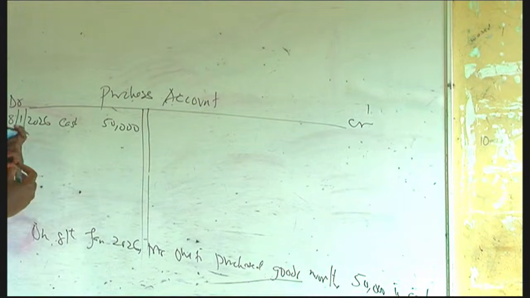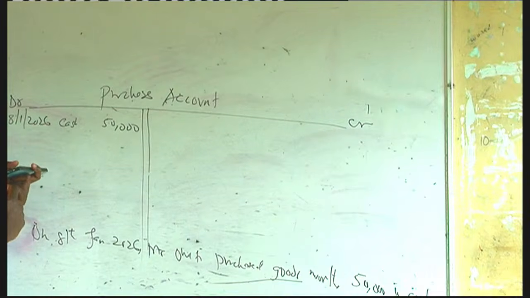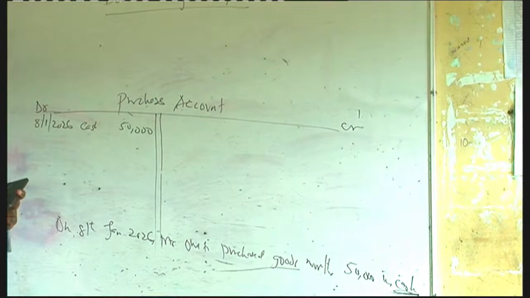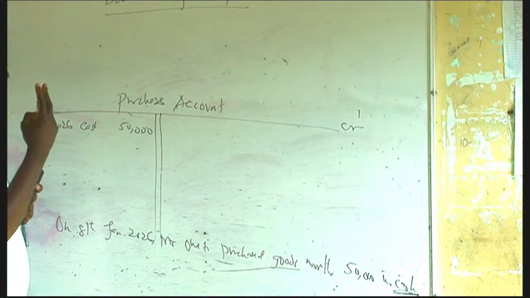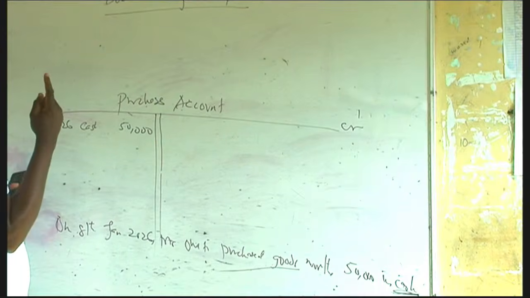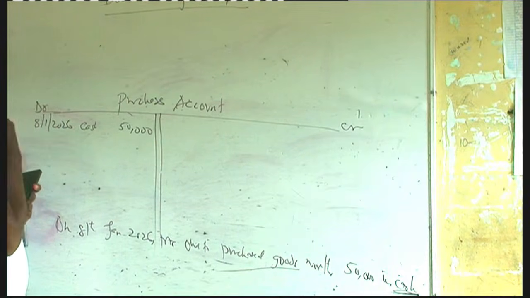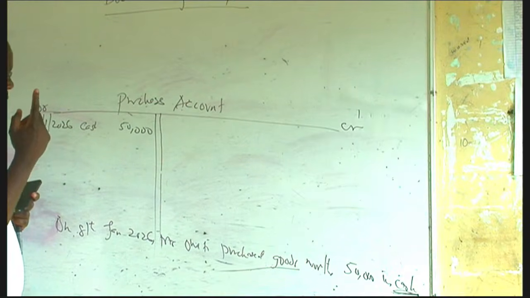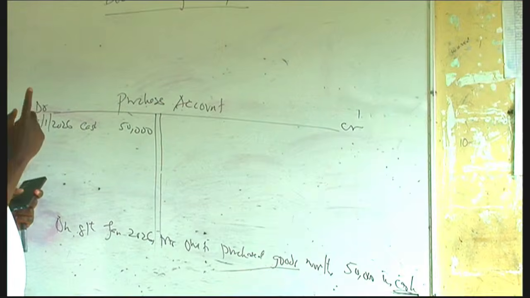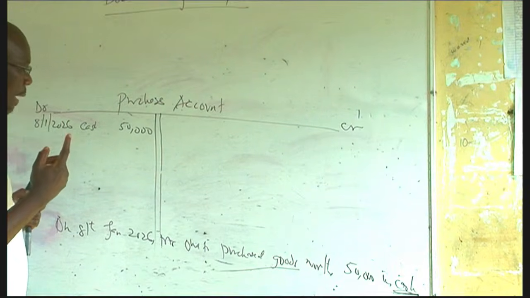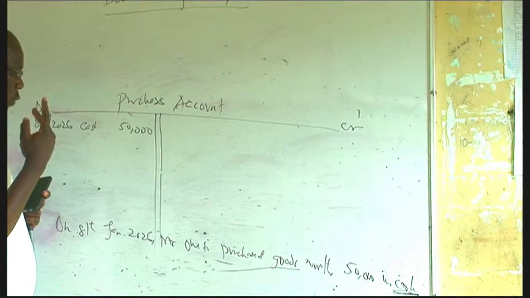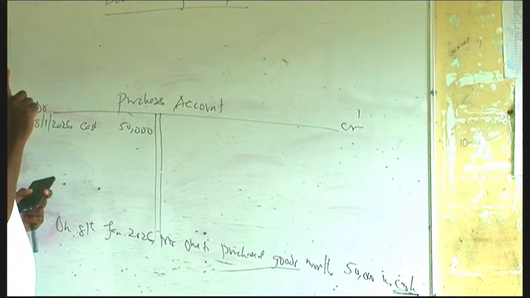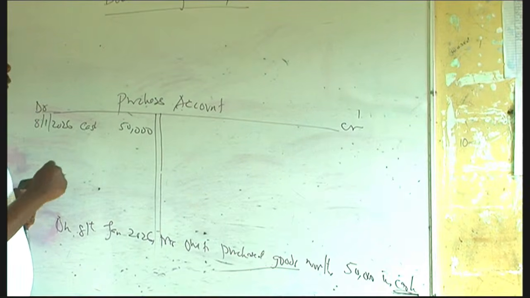The double entry concept states that for every transaction, there must be an account to be debited and an account to be credited in the ledgers. So you'll realize that for every transaction that we need to record in the books of accounts, there will be two items. One will be debited and another one will be credited.